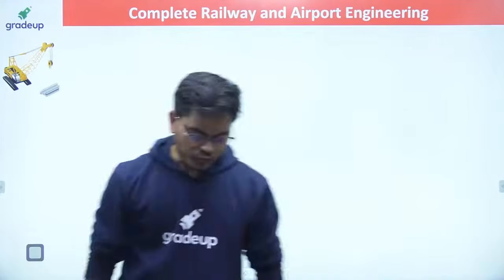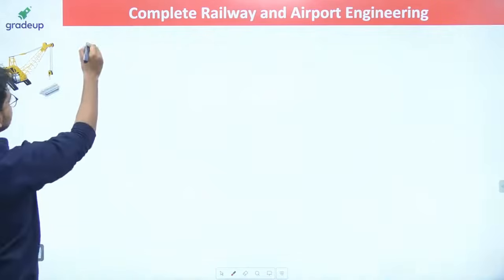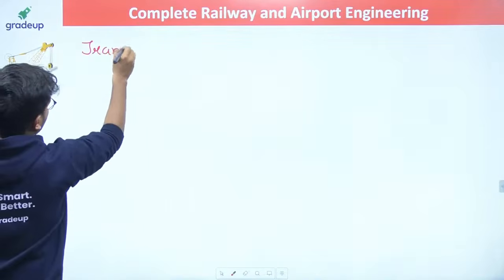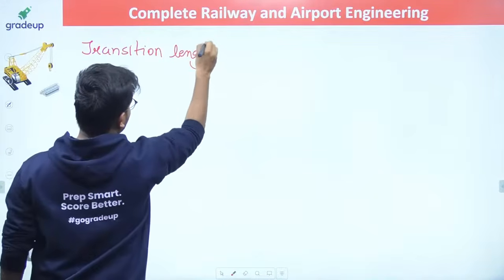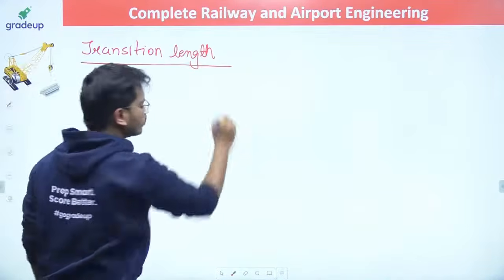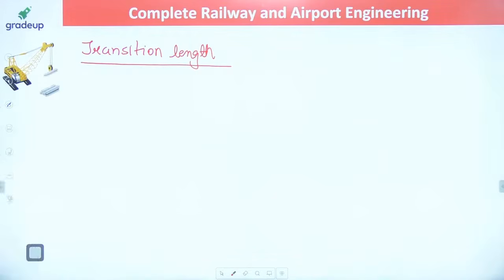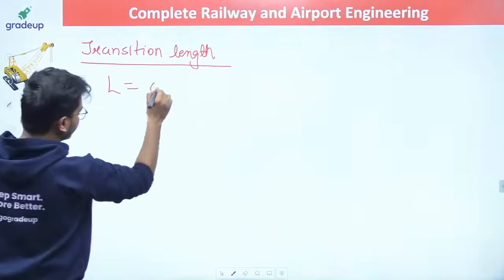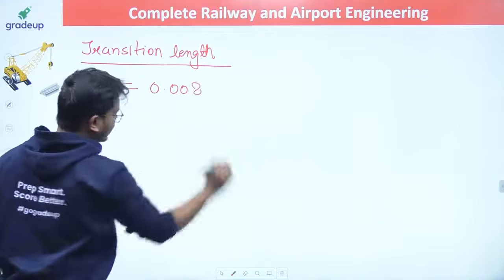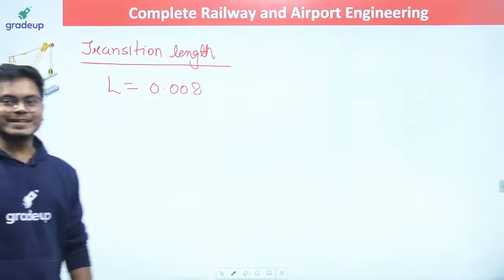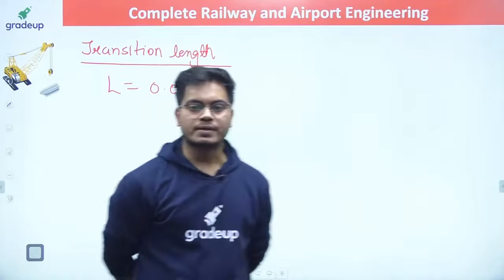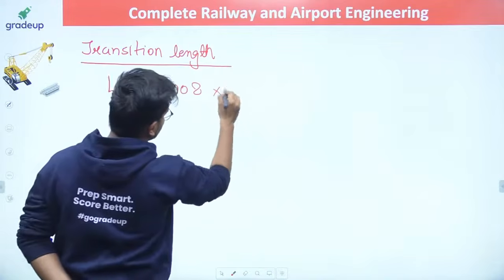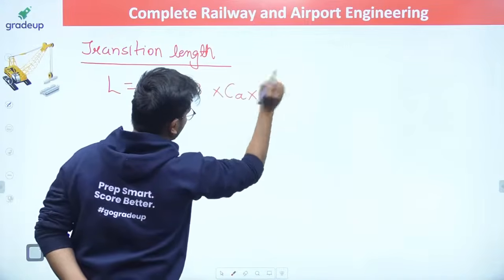Okay guys, so first is the transition length. Very simple guys, you already know a few of these things. So first of all, the length can be determined as L equals 0.008 into actual CANT into velocity.